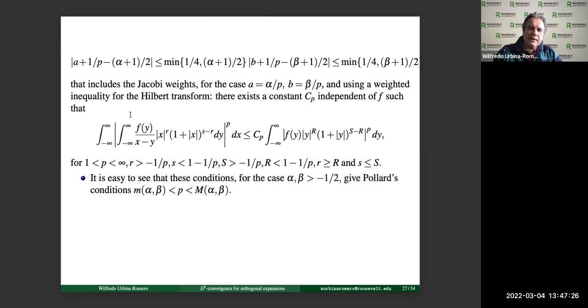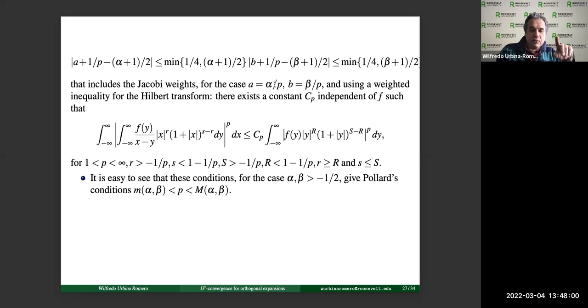And then he established this inequality, which is a weight inequality for the Hilbert transform. So you use these guys with certain restrictions, and yes, this theorem is true for any alpha and beta bigger than -1, and yes, it includes the Pollard result, of course.